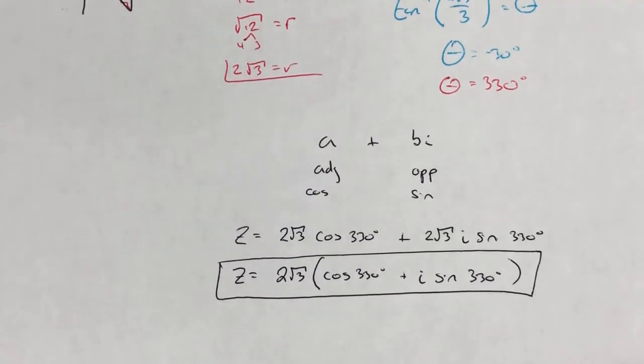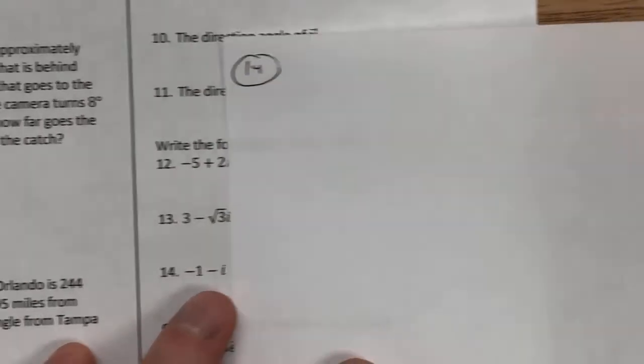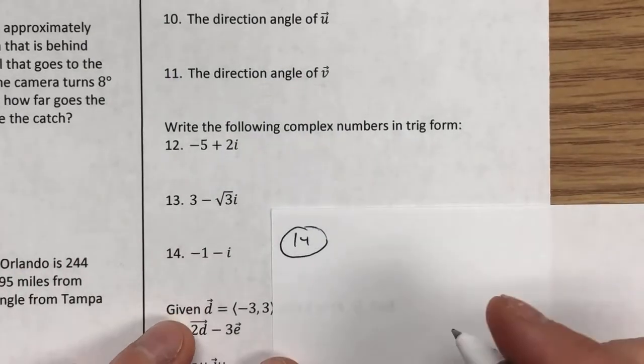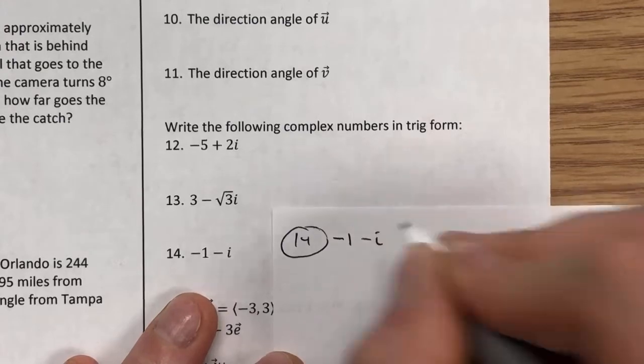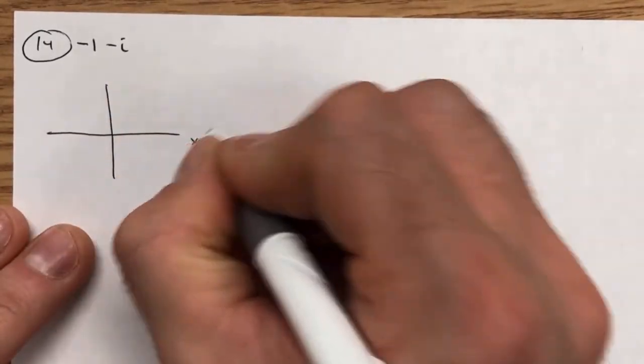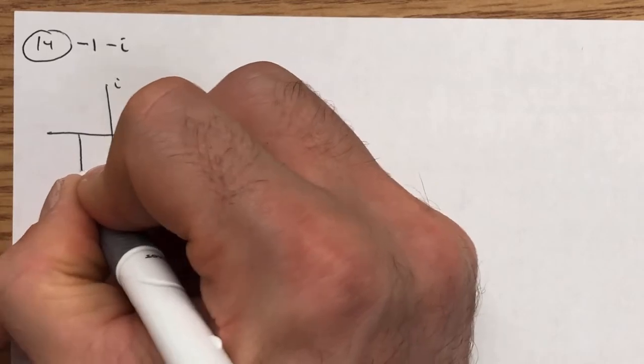Awesome. So that's going to bring us to number 14. And again, we're going to pop off a sheet of paper to keep ourselves some room. Okay, 14. Same setup is going on here. Converting this to trig form, which is a version of polar coordinates. So negative 1 minus i. On my real number axis of real and imaginary, I'm dealing with negative, negative.